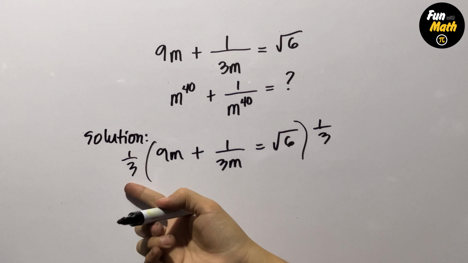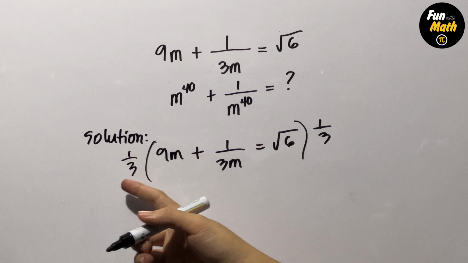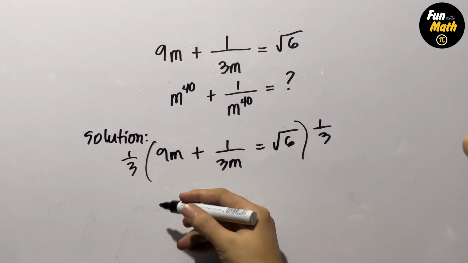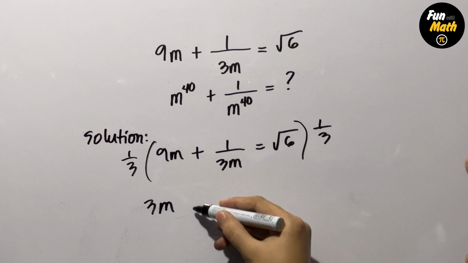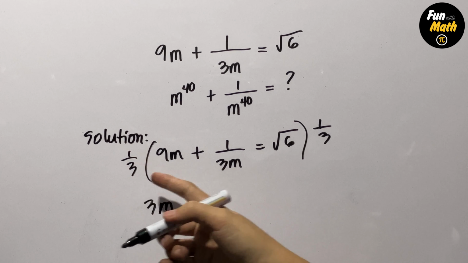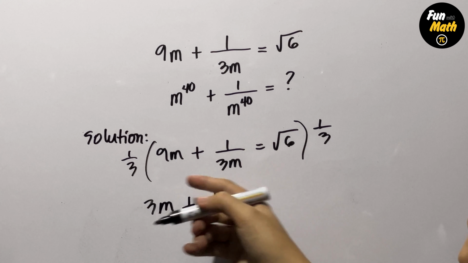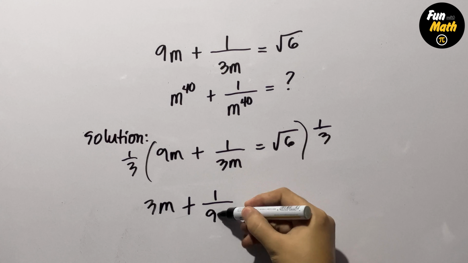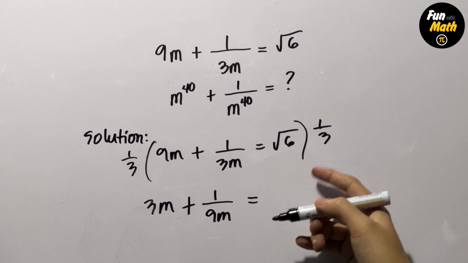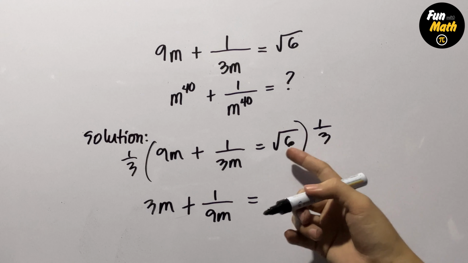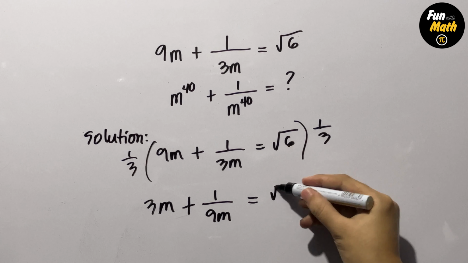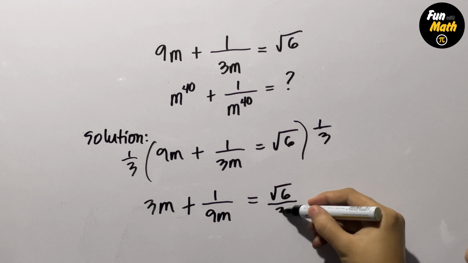So 1 over 3 times 9m is 3m, plus 1 over 3 times 1 over 3m, which is 1 over 9m, equals 1 over 3 times square root of 6, which is square root of 6 over 3.